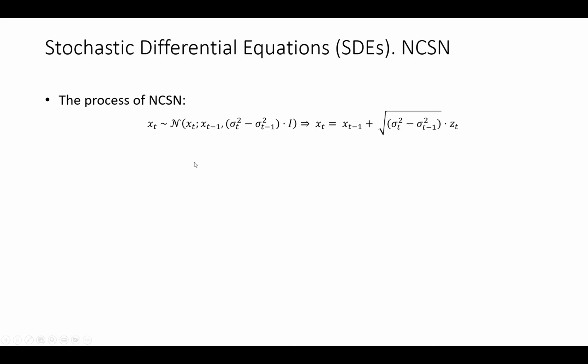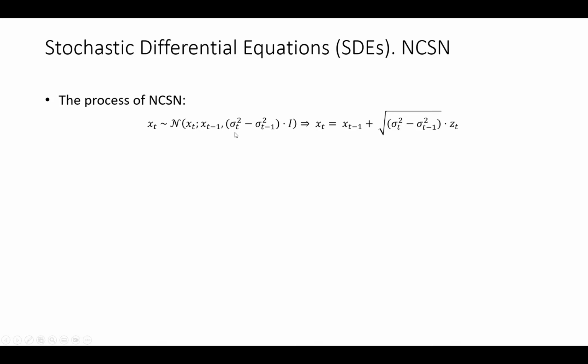So as you remember, xt we were sampling from xt minus 1, and there was some mean, with sigma t, or we can even write it out like here to make it convenient. So it's sigma t square minus sigma t minus 1 square, just because we are going to bring in this derivative here.